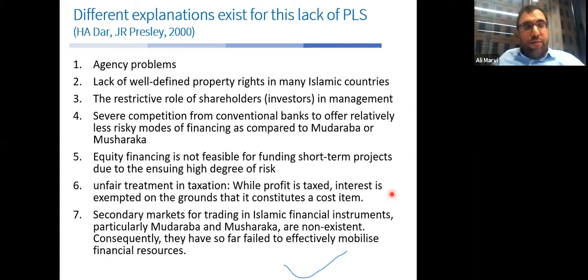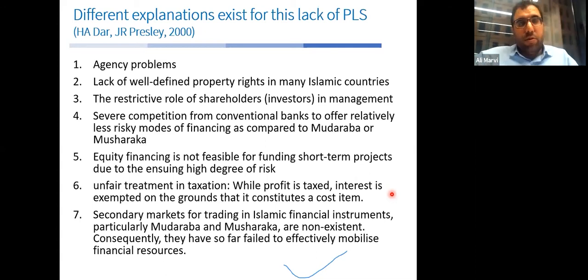I quoted from Allen and Carletti in that lecture, who actually argued that PLS is better than that, but the reason nobody is attracted by this type of PLS contract is the incentives created by the taxation system.